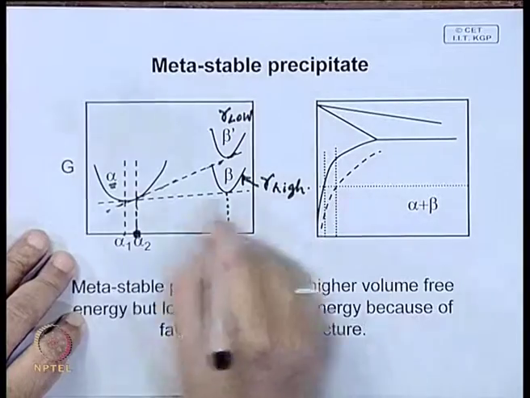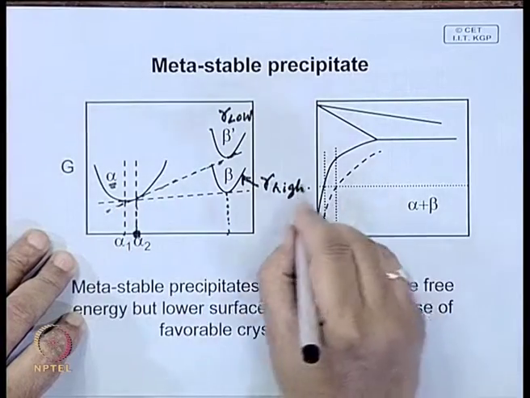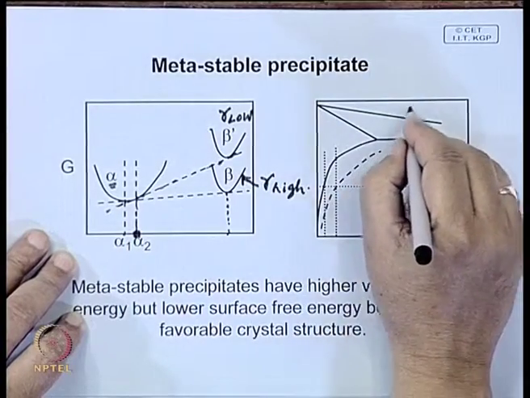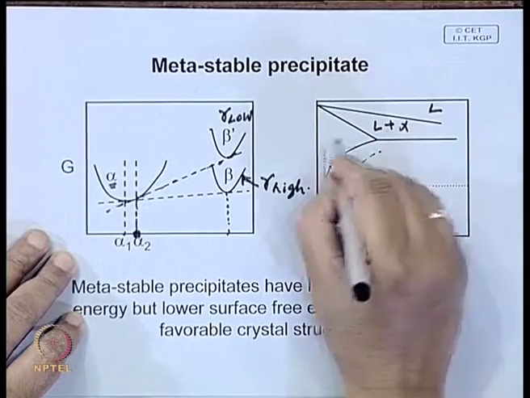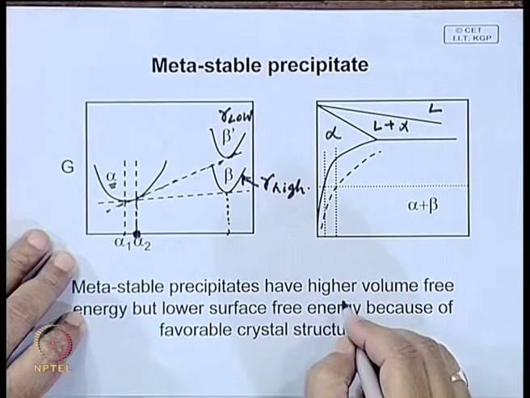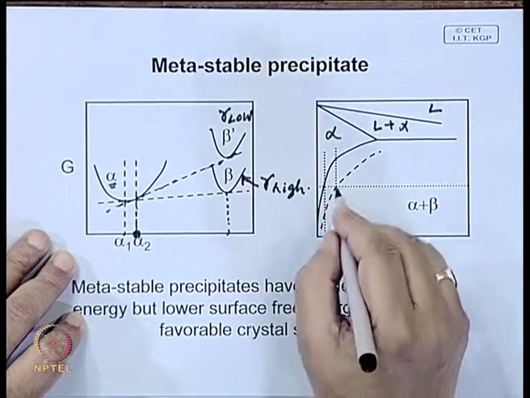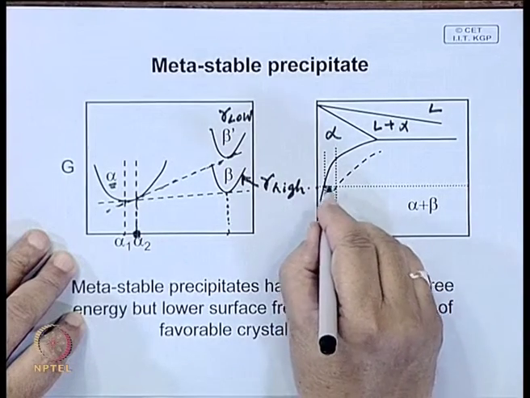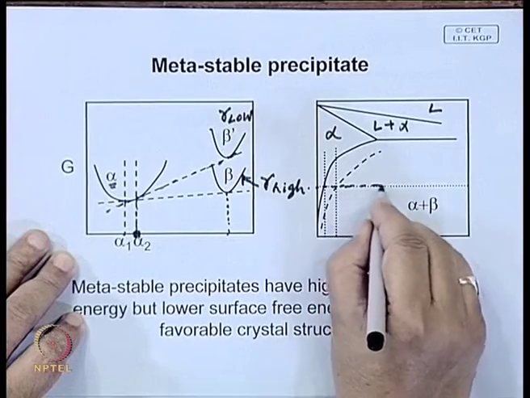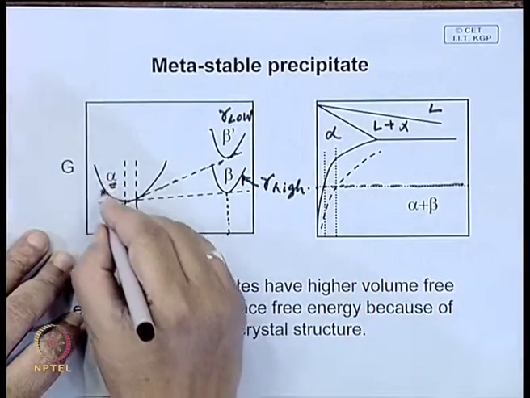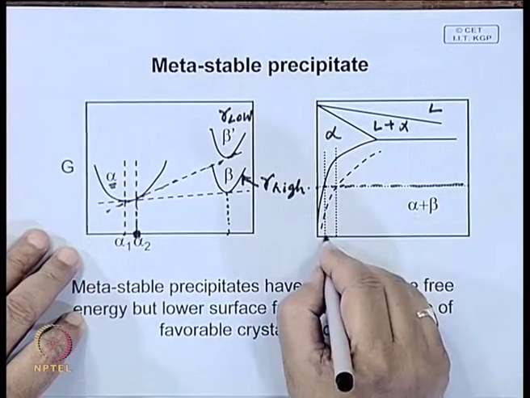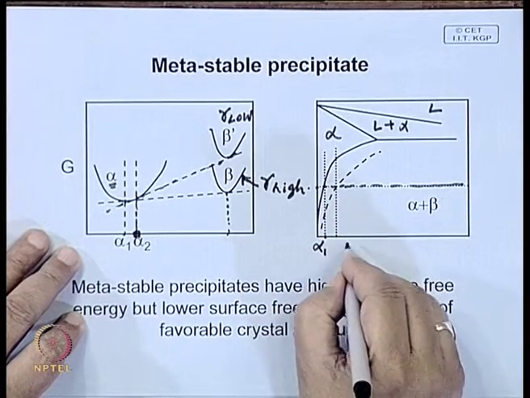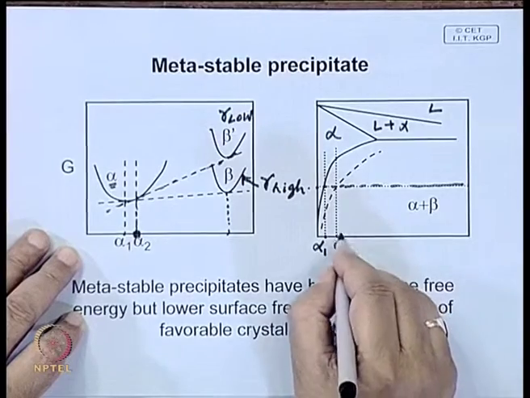So, what it means, suppose this free energy composition diagram corresponds to this phase diagram, this is liquid plus alpha, this is alpha, and we are considering, let us say, this is the temperature at which we have drawn this free energy composition diagram. So, now this is alpha 1, this is alpha 2.